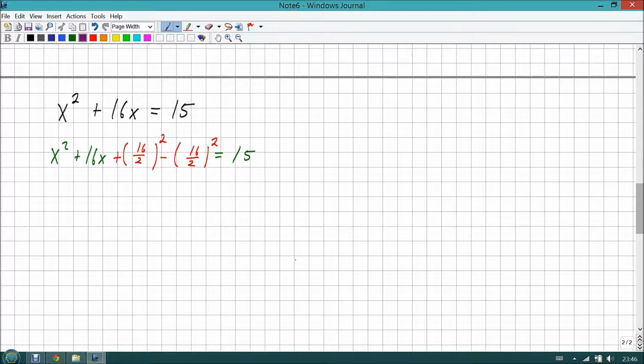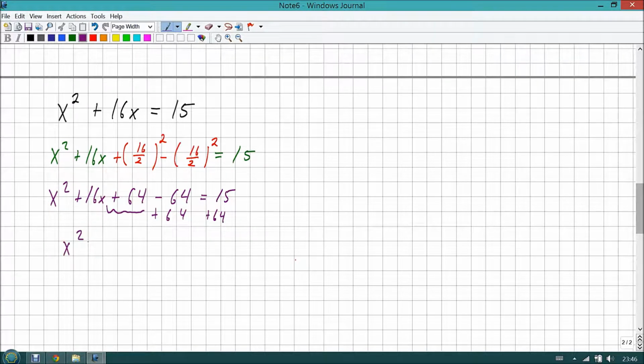We then do some arithmetic, and we have x squared plus 16x plus 16 divided by 2 is 8. 8 squared is 64. I want to keep the positive version on this side, which means that I'm going to add 64 to both sides.